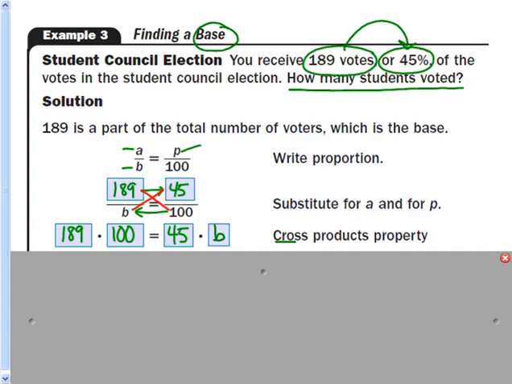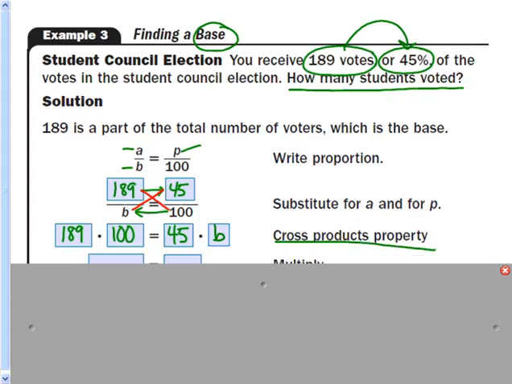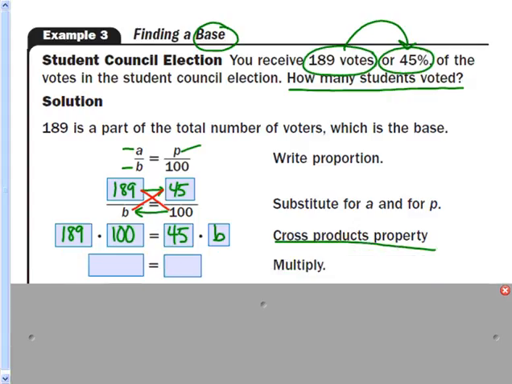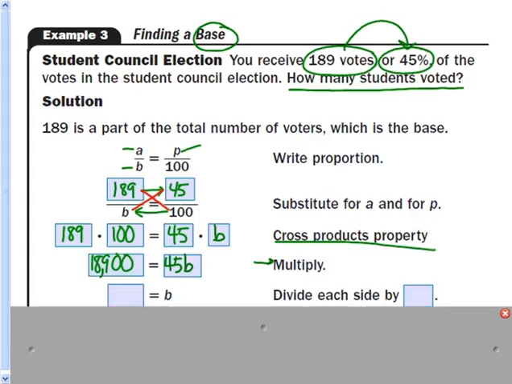There's our cross products property. Now they're reminding us to multiply here. 189 times 100, we're just going to add 2 zeros onto the end of 189 to get 18,900. And we're going to get rid of that multiplication sign. We know this can be written as 45b.